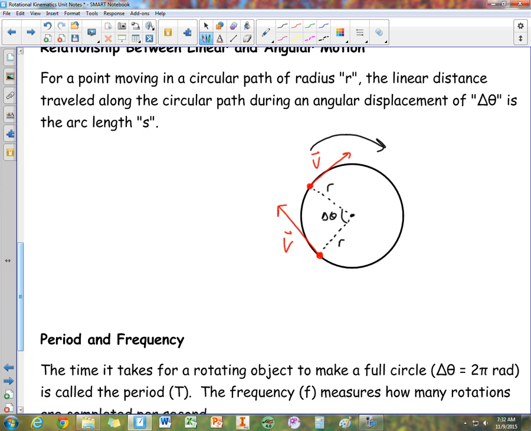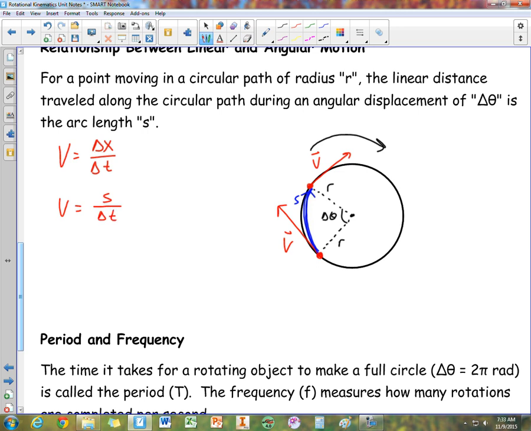If this were moving at a constant angular velocity, this tangential or linear velocity would be constant. So we could say that this velocity would be like our delta x over delta t. In this case, our delta x is going to be the arc length. So that means that this velocity actually is arc length s over delta t.